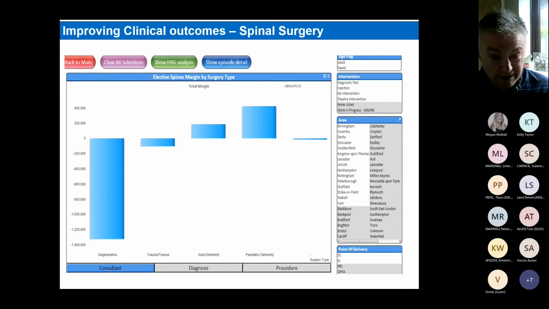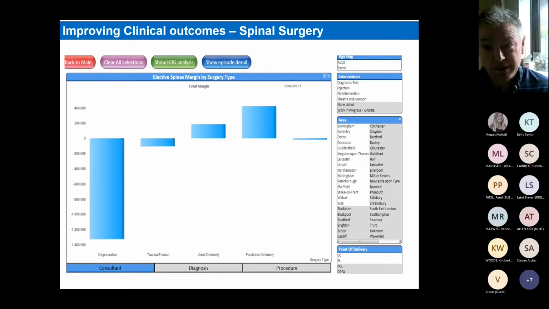Same sort of thing with length of stay. It wasn't highlighted as an issue by the specialty, but we're able to benchmark length of stay, and within our degenerative area, we found that it was a big problem. And they came up with an initiative around the pain pathway. There was a lot of waiting for pain relief.